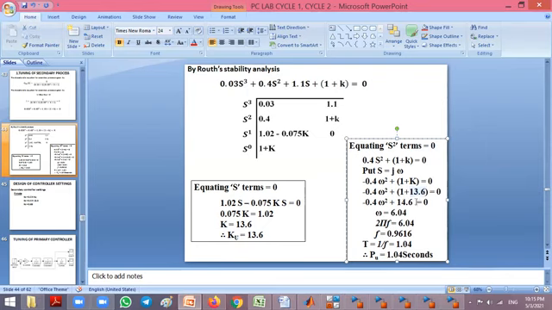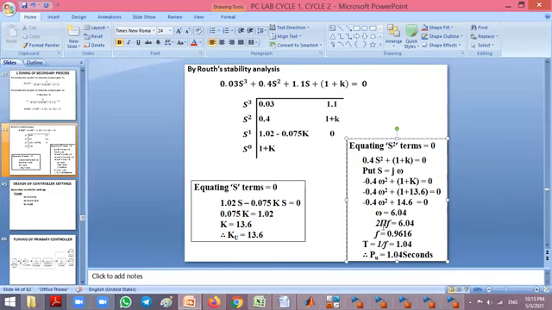So 1 plus 13.6 becomes 14.6. You simplify, you will get omega is equal to the square root of 14.6 divided by 0.4, because when it goes to the other side, the minus signs get cancelled. You will get omega is equal to 6.04.